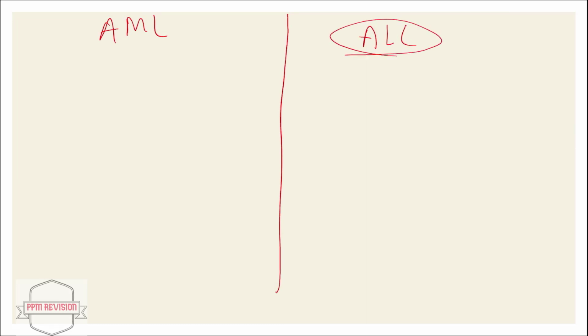So in comparing, this will be AML. This will be very rough, and I'll just do it quickly because we have already taken some time. AML is acute myeloblastic leukemia, and ALL is acute lymphoblastic leukemia. I hope the full form is clear, so I won't be writing that again.